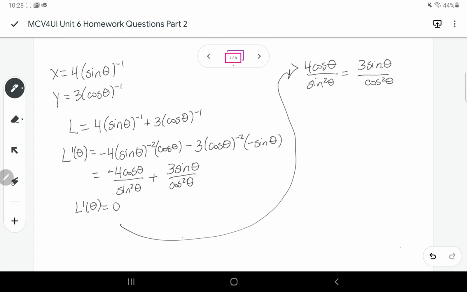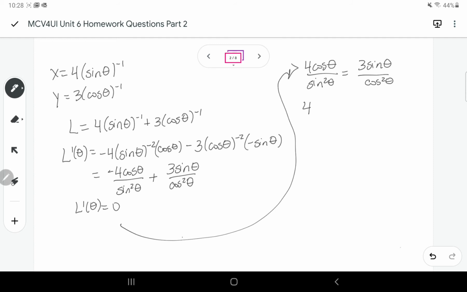So there are other ways to solve it. You could get a common denominator and end up simplifying that fraction. But if I have two fractions added or subtracted equals 0, making them equal to 0 and just cross multiplying is not a bad plan.